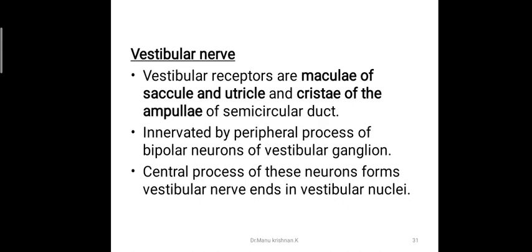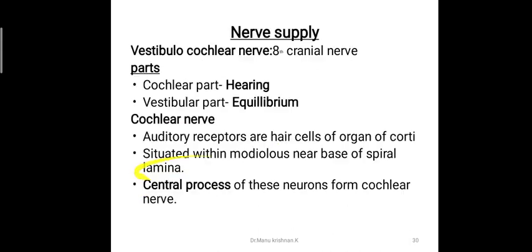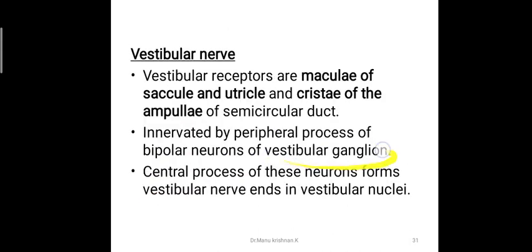The peripheral processes located in these maculae and cristae will be stimulated by the movements, and that stimulus will be carried to the vestibular ganglion, and from the vestibular ganglion the central processes carry the information to the brain, the central nervous system, ending at the vestibular nuclei of the brain.